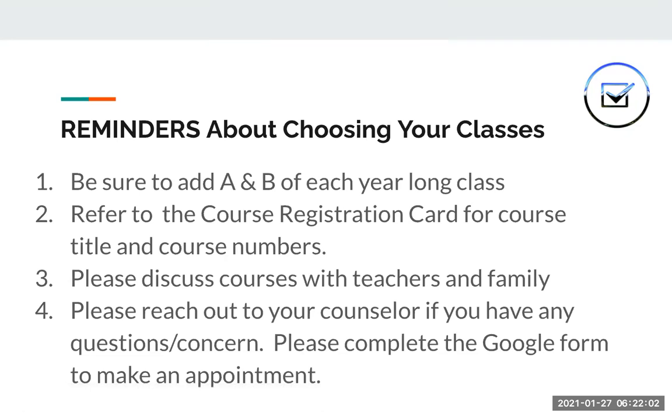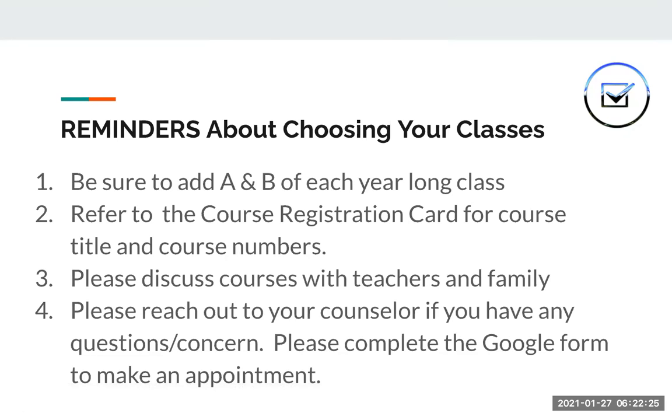Students, a few reminders before we begin adding courses into our student view accounts. Number one, be sure to add an A and B semester course in the year-long class. So for example, Honors English 9, you must select Honors English 9A and also Honors English 9B.